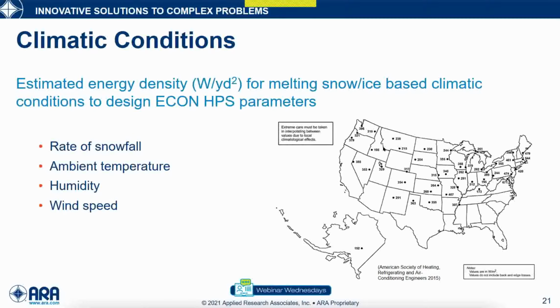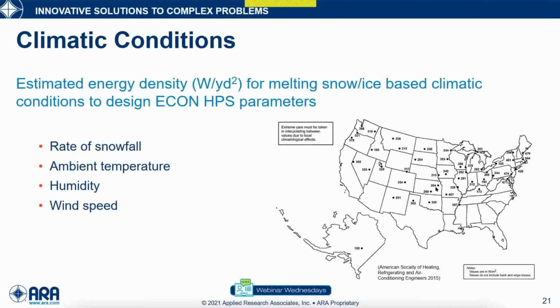And this shows the steps of how to design the system. First, you have to identify where you want to construct the system. This is a map that shows you the energy density for each state. This is just an estimate and gives you a good idea about how much energy you need in order to melt ice and snow efficiently.